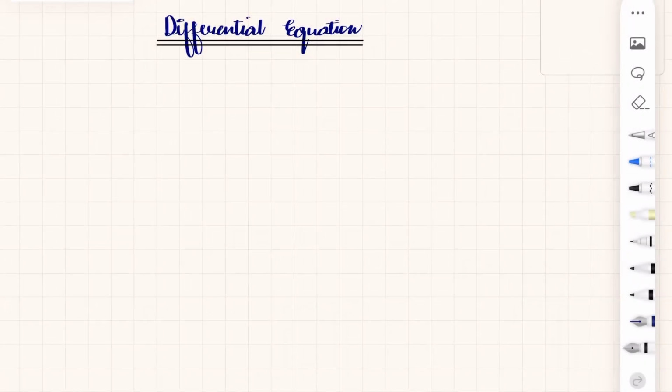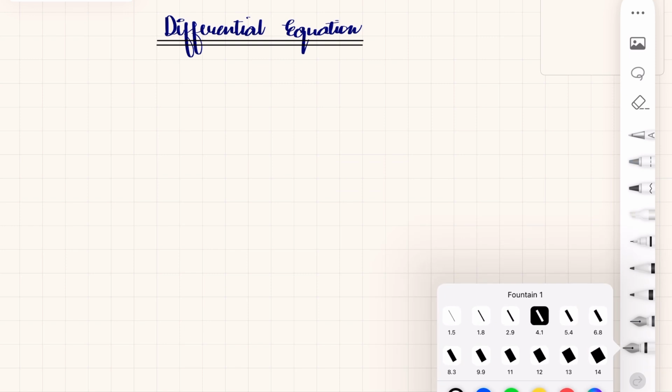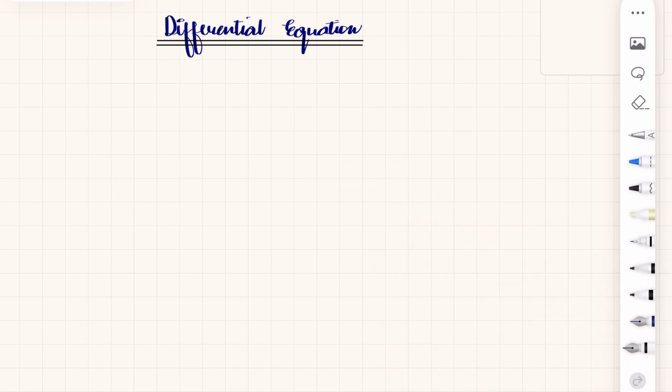Guys, so today we are going to discuss differential equations. Let's see what the meaning of differential equations is. What is the definition?